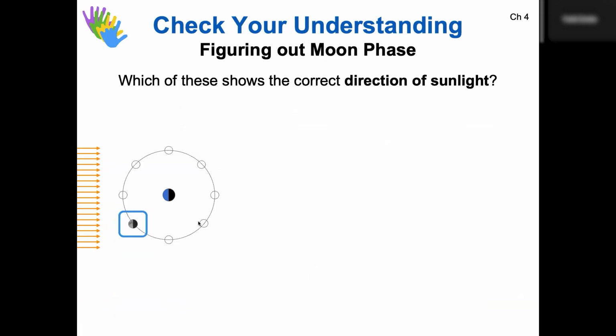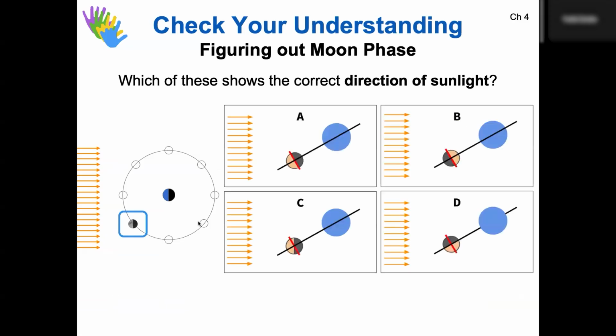So what we're going to think about is I have these spheres here, and we're looking at a moon that is here, not quite a new moon. The first question here is, which of these figures here shows the correct direction of sunlight on the moon? Alrighty, I see a sea of C's out there, which is correct.